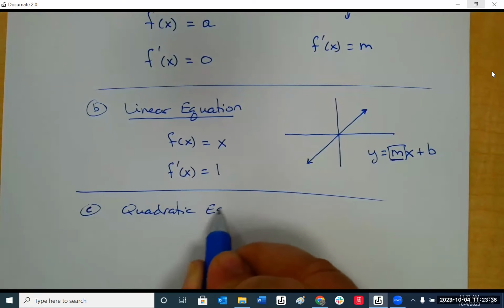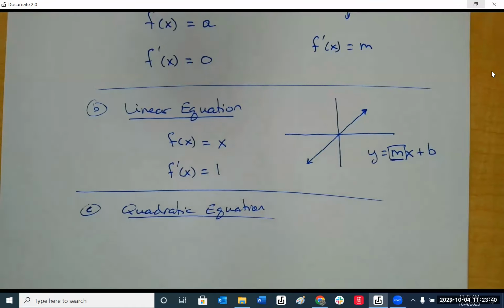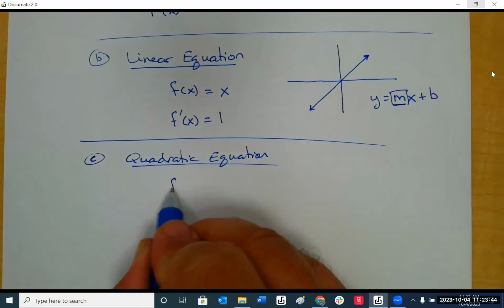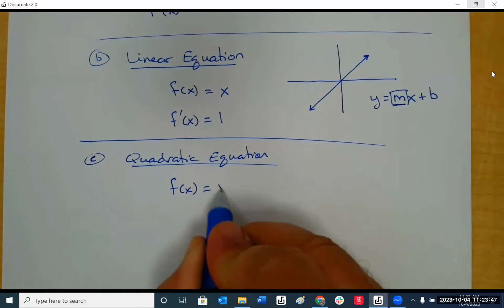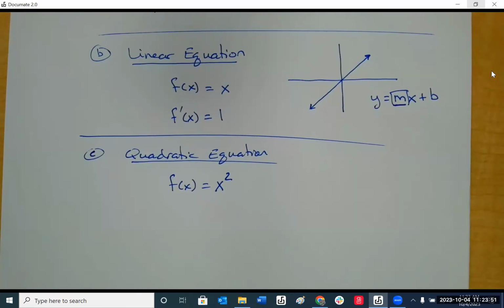And the quadratic equation, this will lead us into the power rule. The quadratic equation is x squared.